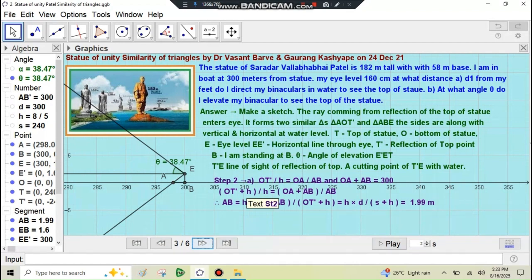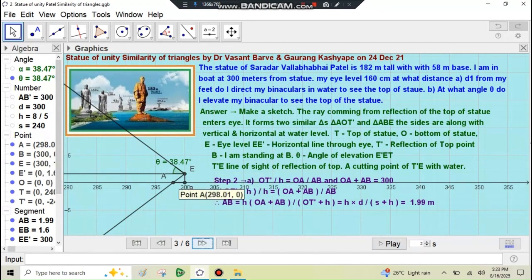So step T2. So this is the solution, right? And this is for your similar triangle, and this is for this thing. If you have this particular angle and this distance is known to you, you can get the height.